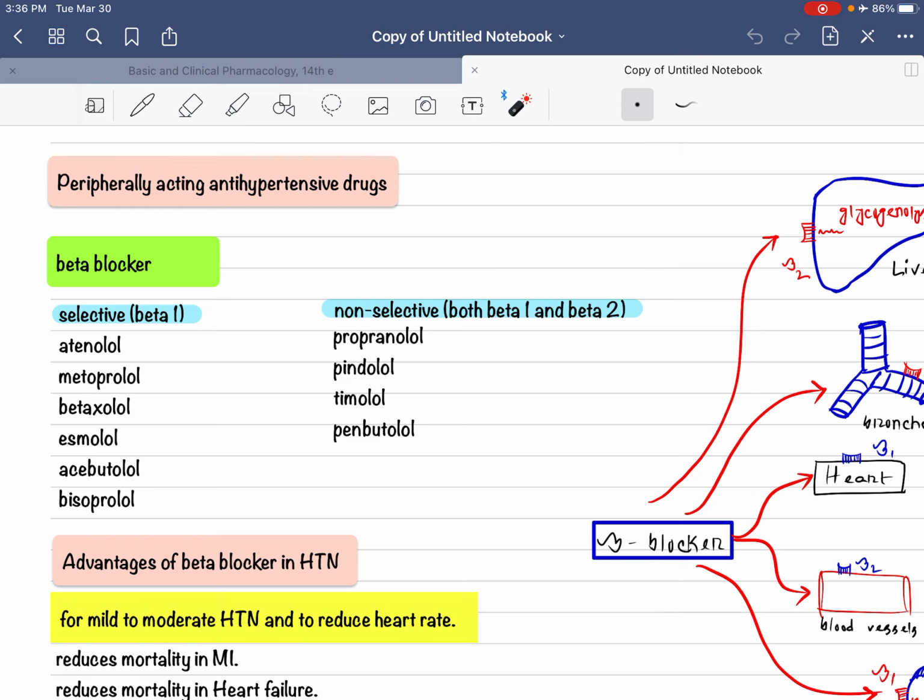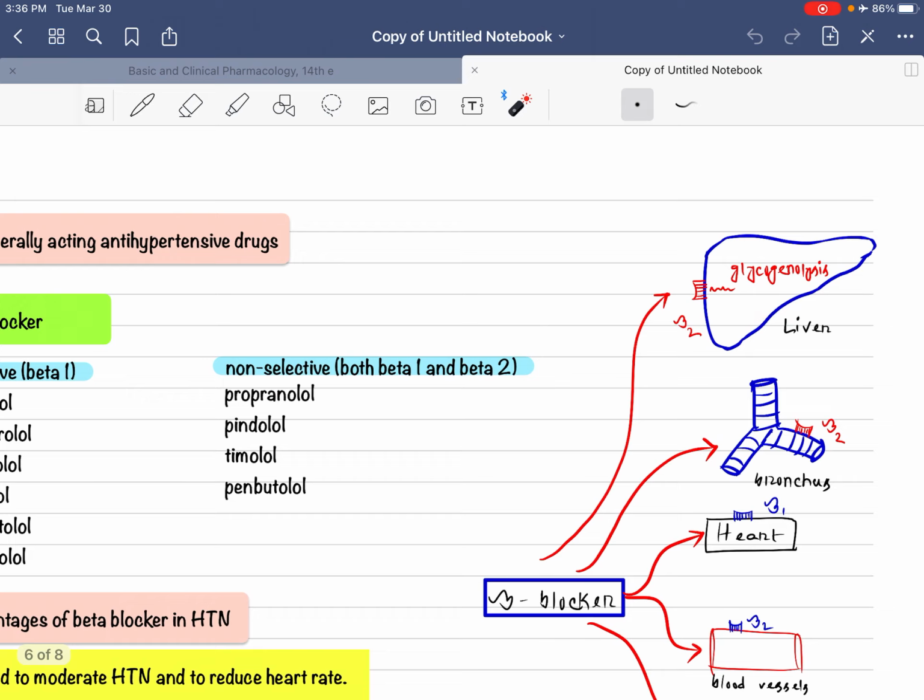The beta 2 receptor is one of the important receptors for maintaining our housekeeping functions, such as dilating your bronchus so that you can breathe easily, or maintaining the plasma glucose level by liver glycogenolysis. In the liver there are also beta 2 receptors, and in the respiratory tract there are beta 2 receptors, which are important for keeping your bronchus patent.